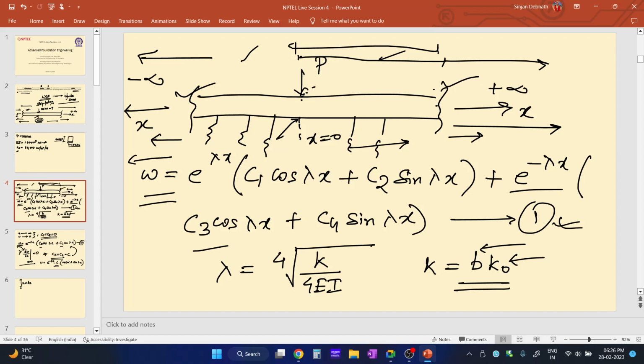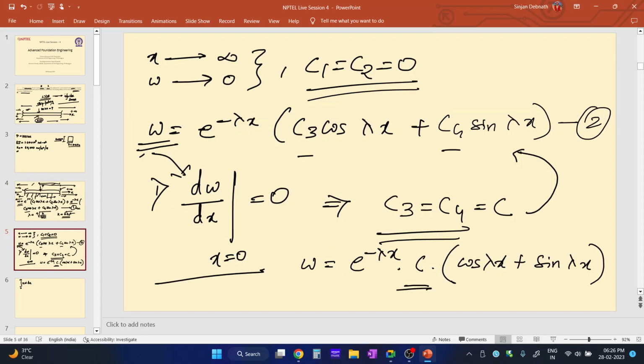If we apply a load over here, at a point very far away from the point of application of load, the deflection will be minimal, tending to 0. So the first boundary condition is: as x tends to infinity, deflection tends to 0.